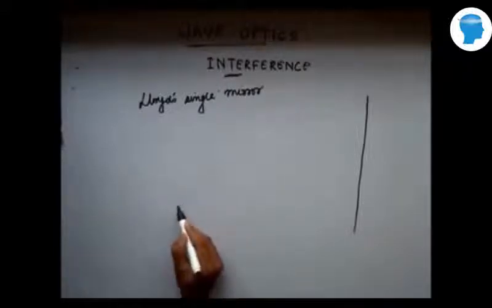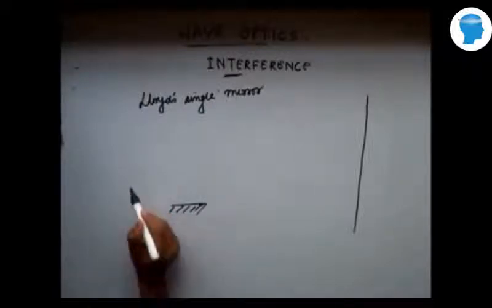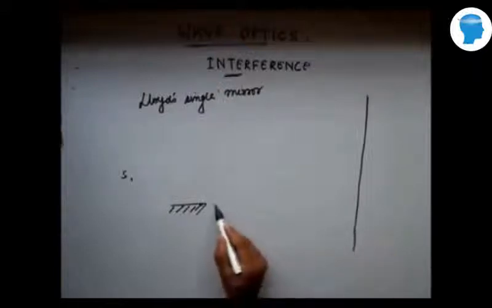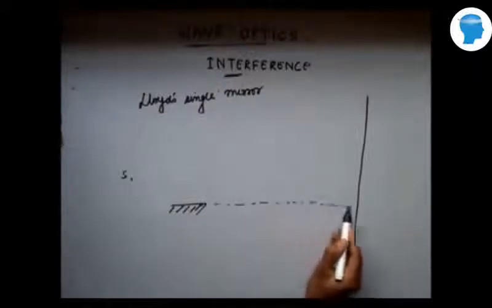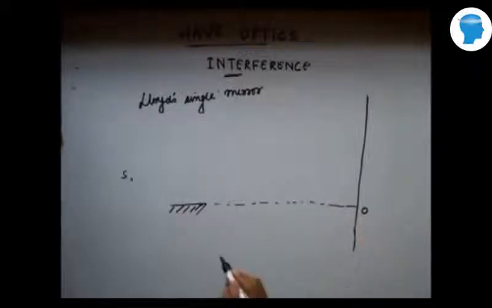We have a small mirror here, and we have a single source here. Okay, this is the screen. This is O. The length of the mirror is C.